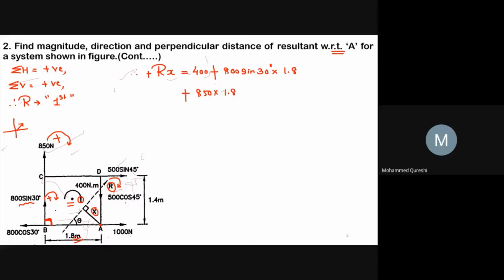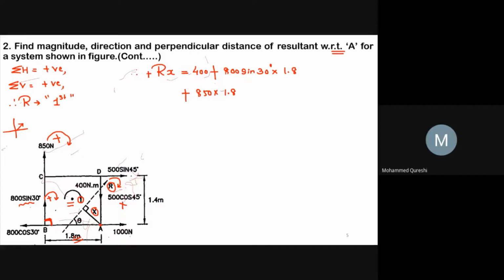Now as 500 cos 45 lies on the same line of action from where we are considering the moment, this 500 cos 45 will be neglected. Now we will go for 500 sin 45.